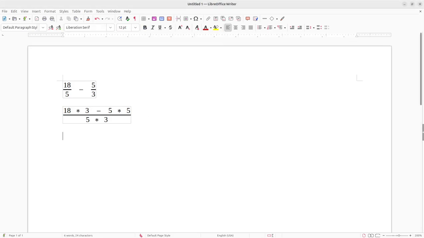I think we'll need our calculator for that. 18 times 3, that's 54. So you are having 54 minus 5 multiplied by 5. Don't forget you are not allowed to use your calculator. So multiplying 18 and 3, you should know, or just do the natural multiplication. You are going to get the 54, and then 5 times 5, that's 25. And then this should be over 15.